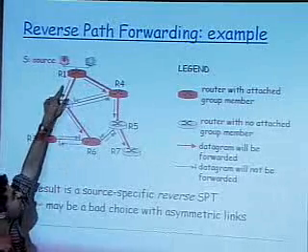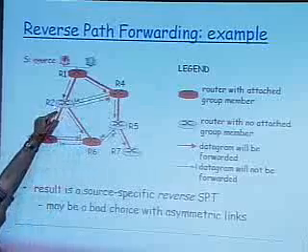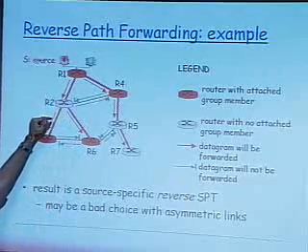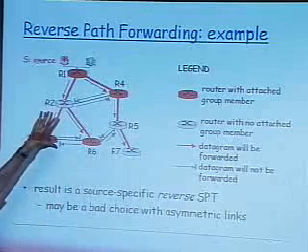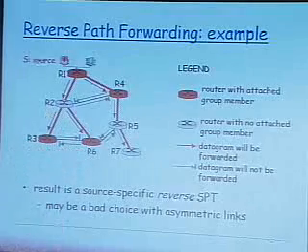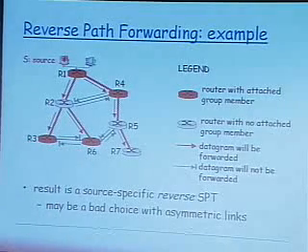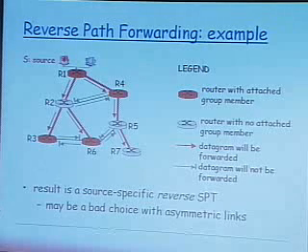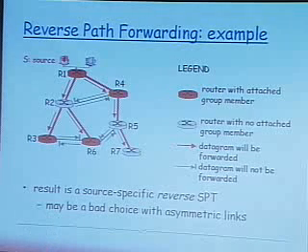So router 1 in its unicast routing might be using some other path. This whole notion of reverse path forwarding depends on the idea that the links are symmetric. The forward path has the same weight as the reverse path. If that's not the case, then this could lead to problems.